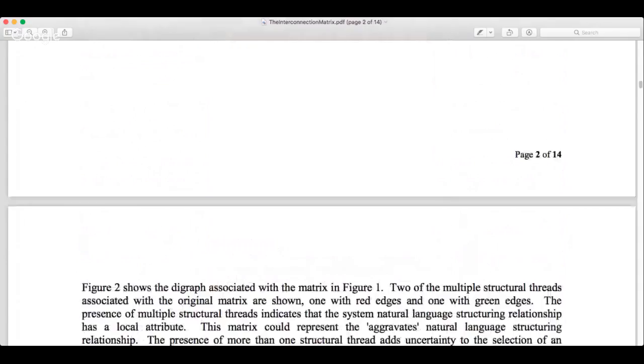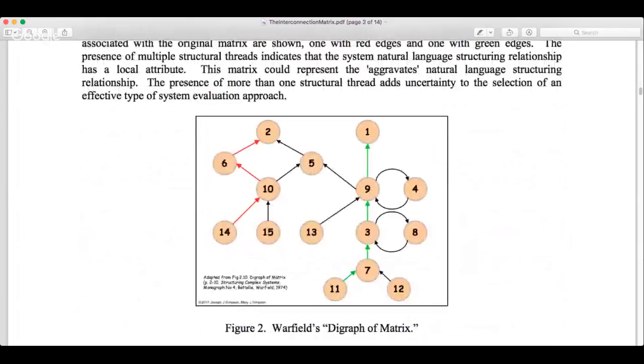And so we go through this, and this is the structured graph that's associated with the matrix we just looked at. As shown here, there are multiple structural threads through this graph.